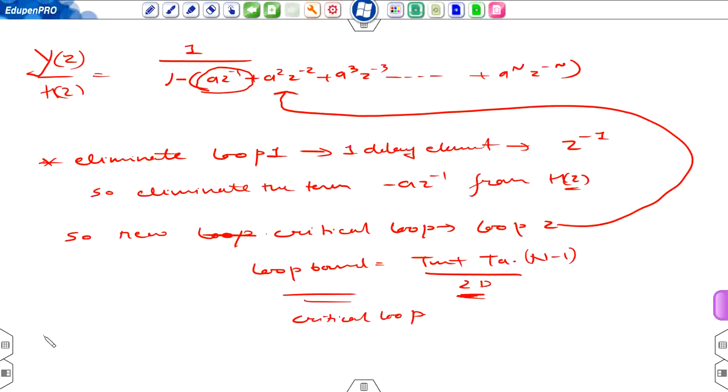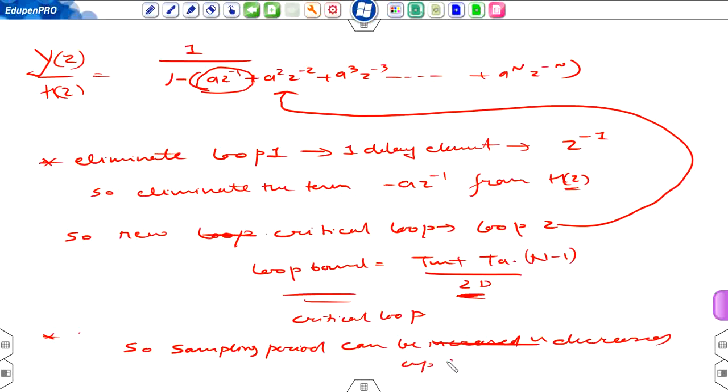Okay, so sampling rate, or you can say sampling period, can be decreased up to (Tm plus Ta times (n minus 1)) by 2D.